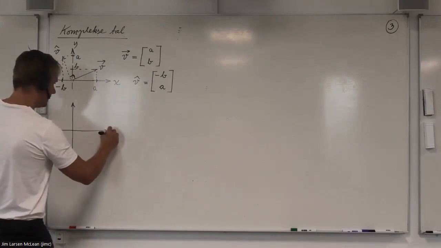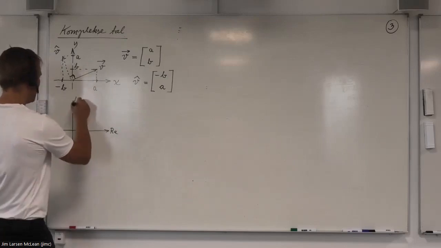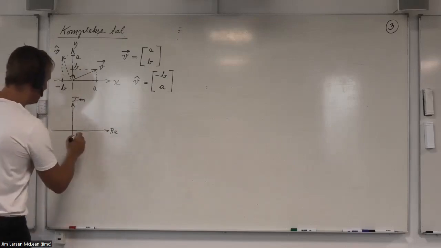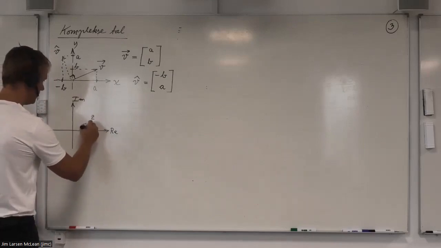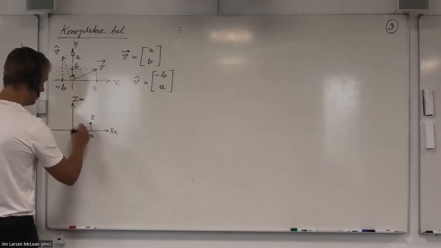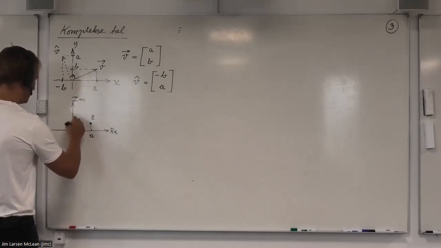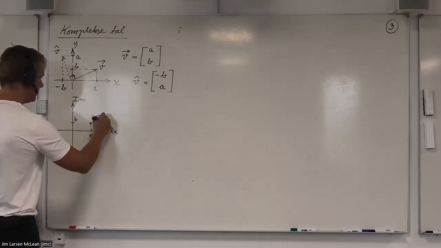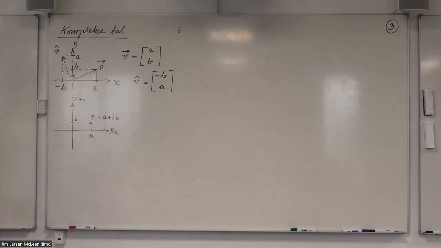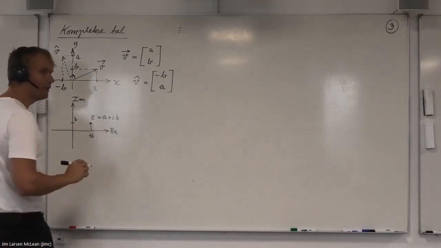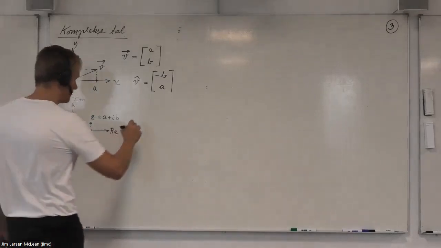So here is the real axis, and here is the imaginary axis. And here is some complex number, and it's called a plus ib. So z equals a plus i times b. And now we can see what happens if I take z and multiply it by i, the imaginary unit.